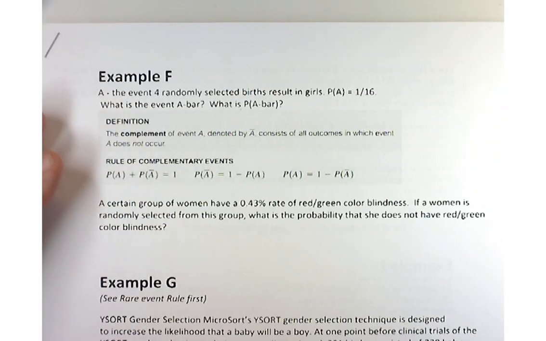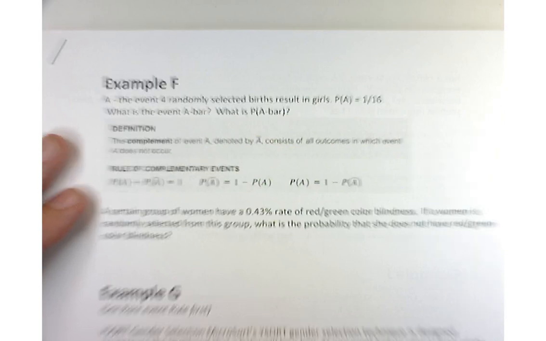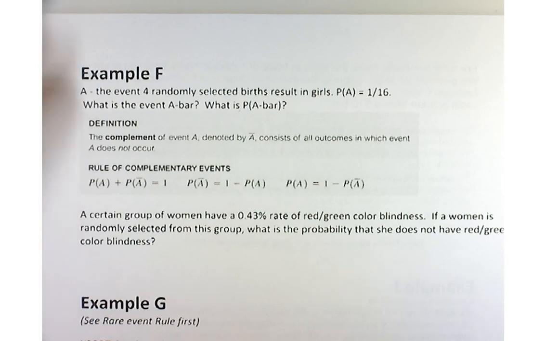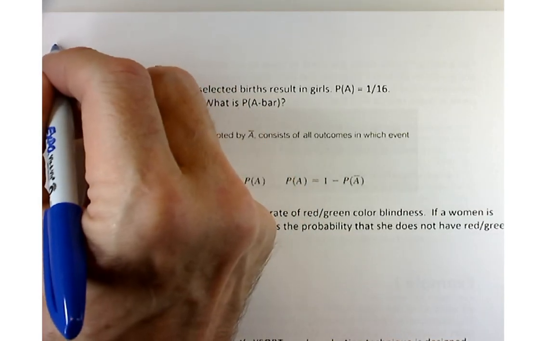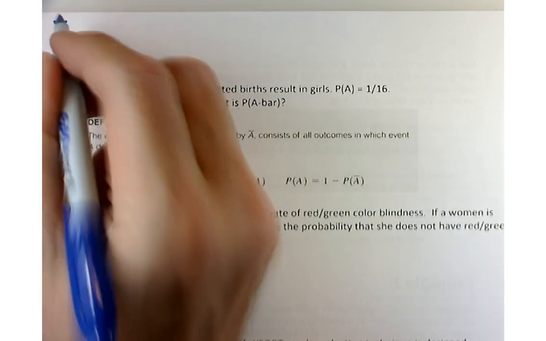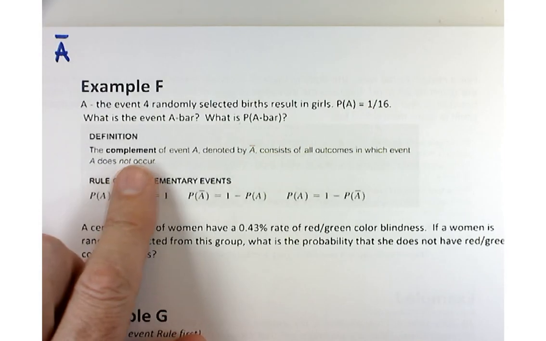We're going to extend our work with probability with some definitions on the next page. So example F. I'm going to talk about things that are the complement. So A bar is the complement of an event.